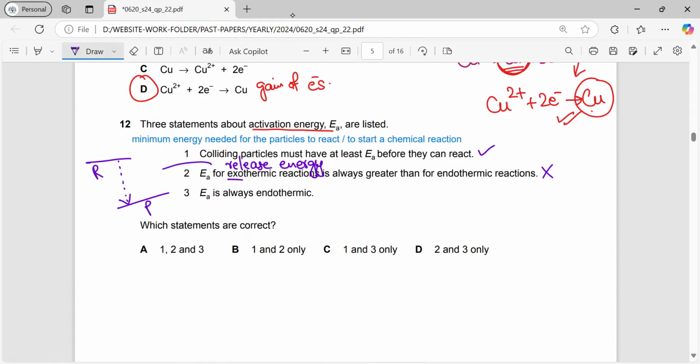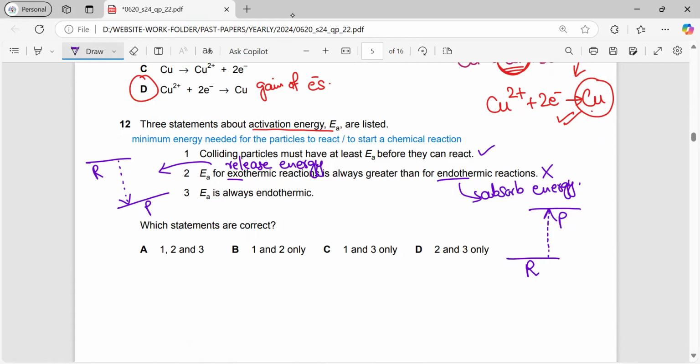This is exothermic. Now, as for the endothermic reactions, they absorb energy from the surroundings. So it means that the particles have very, very low energy. They absorb the energy from the surroundings and then they form the product.